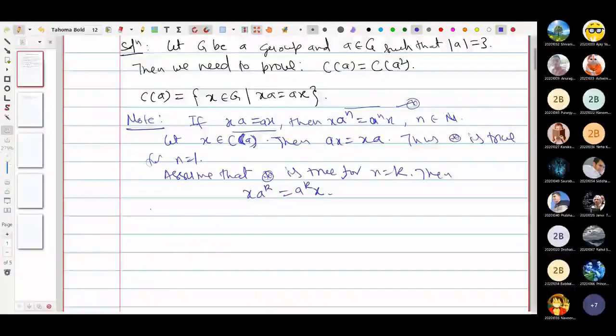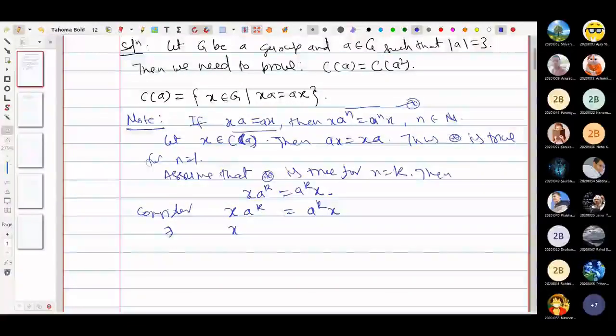Because we have assumed this, we are using mathematical induction. Then we need to prove that x a to the power k plus 1 is equal to a to the power k plus 1 times x.